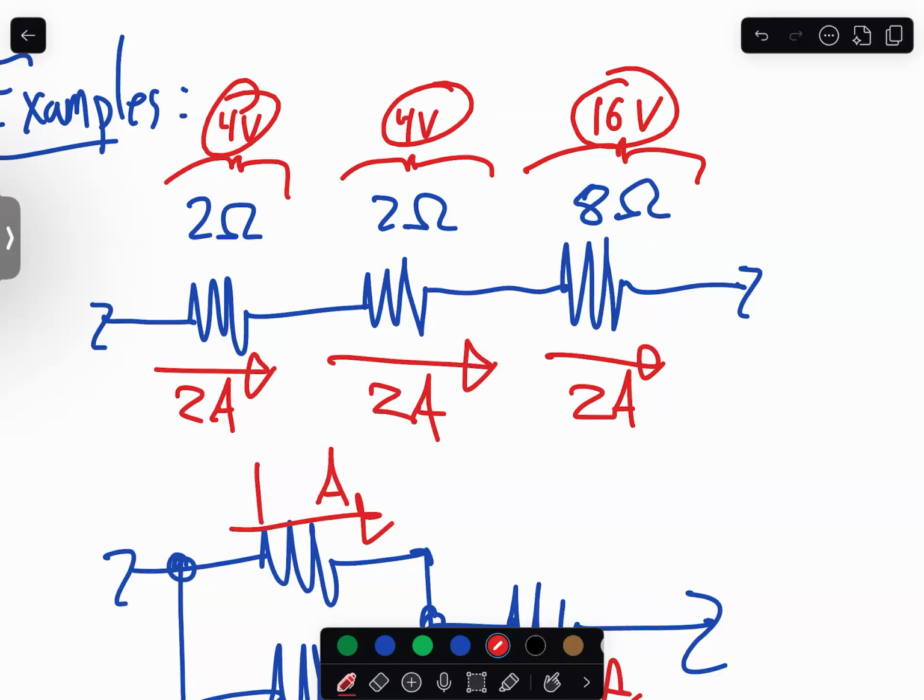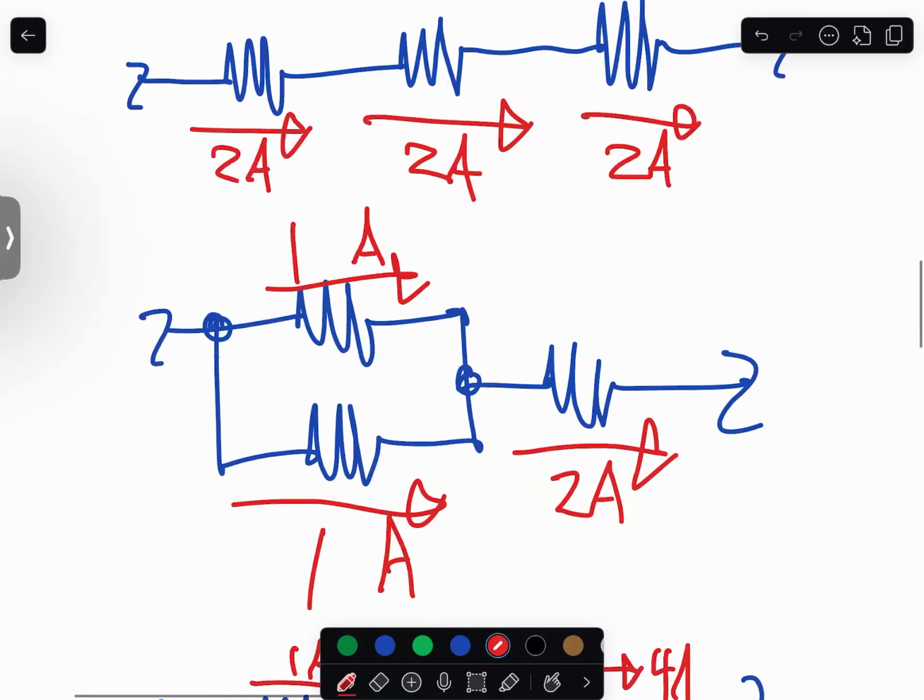You have to supply 24 volts worth of electricity to get the electricity to flow at 2 amps through the circuit. If there are 4 volts lost here, 4 volts lost here, and 16 volts lost here, you must have given it 4 plus 4 plus 16 at the beginning relative to the end. So voltages add to a total in series.